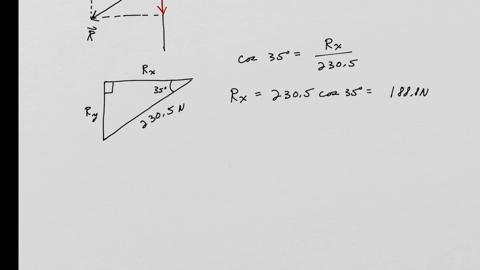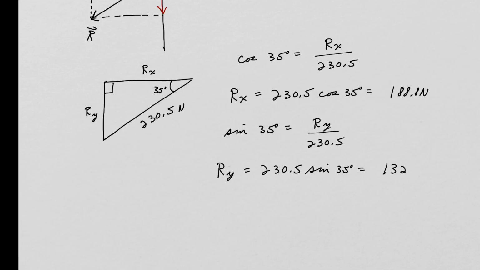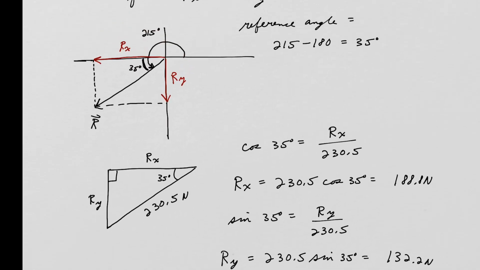And then sine of 35 is going to be Ry over 230.5, because it's opposite. And now if I multiply both sides by 230.5, I'm going to find that Ry is equal to 230.5 times sine of 35 degrees. Notice I'm leaving a little blank in here just in case I need to change the sign. And this is 132.2 newtons.